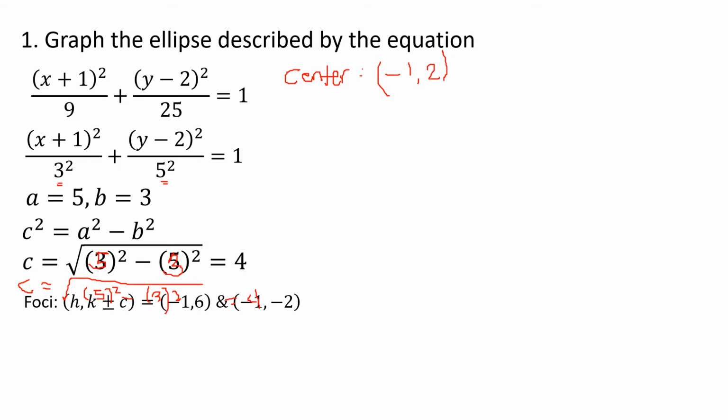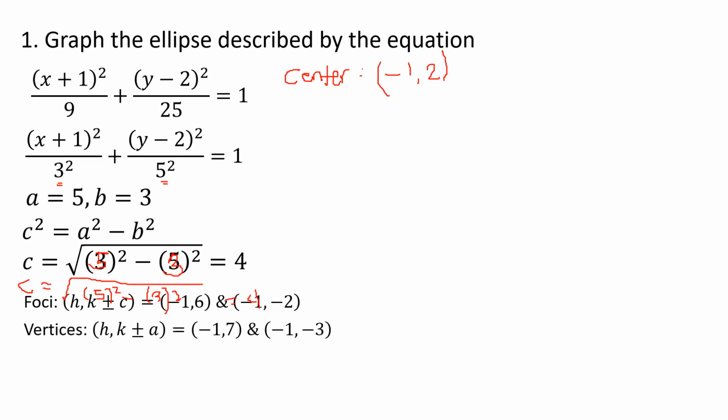You copy h, which is -1, and our k is 2. So 2 plus 4, which is our c, that is 6. And then you subtract, so 2 minus 4, that is -2. So our foci are the points -1, 6 and -1, -2.